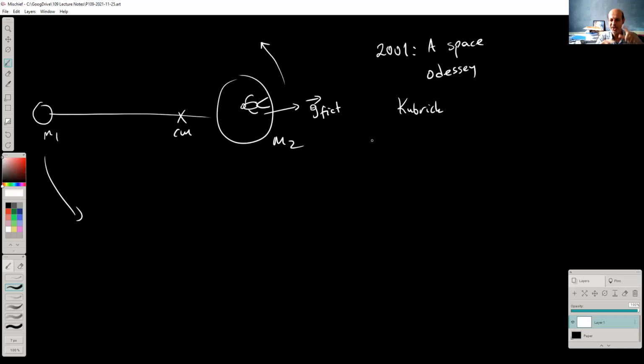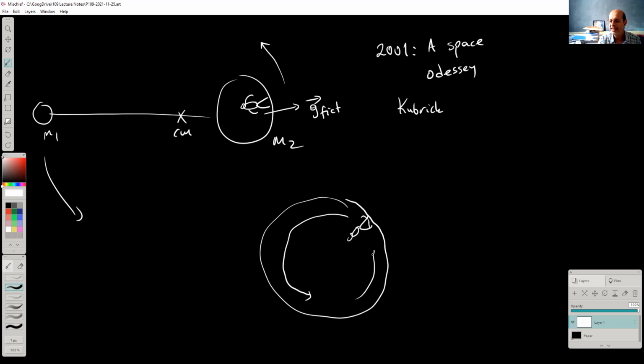Somehow he was able to take a shot of the inside. It's just a circular or torus-shaped spaceship, so they basically walk inside the spaceship. They just go around, and somehow he was able to take a nice shot of this thing. You can actually see that the astronaut is moving around.